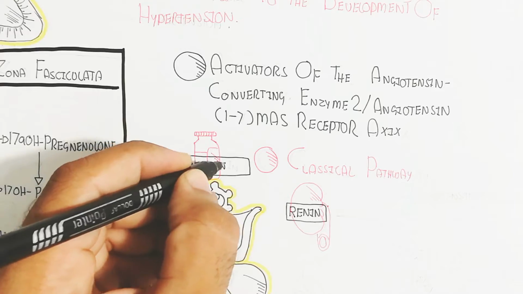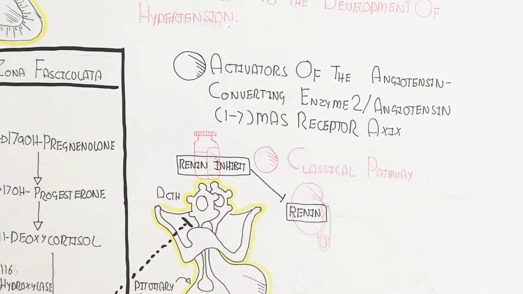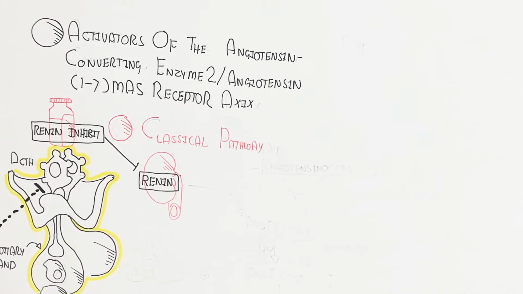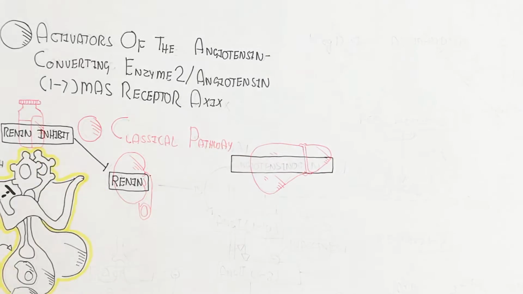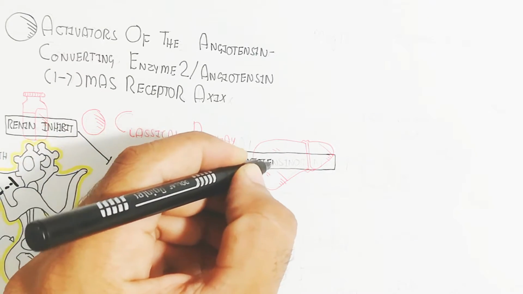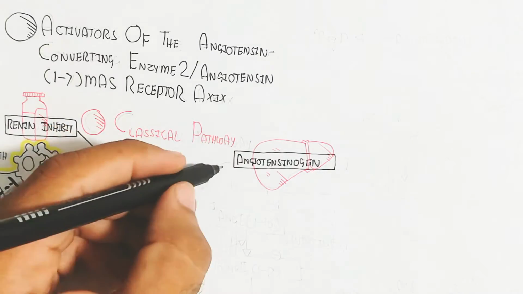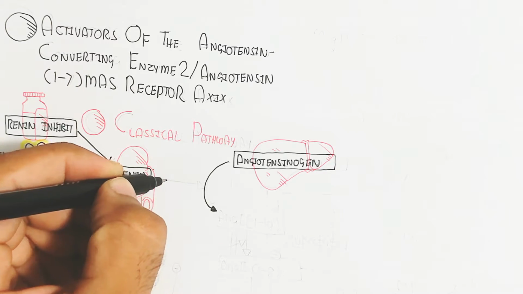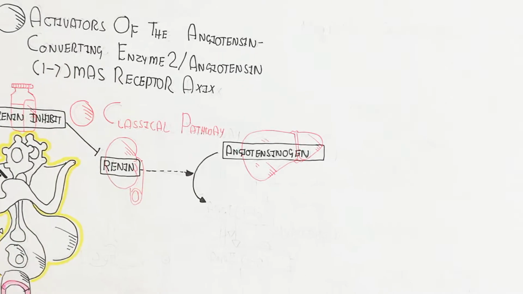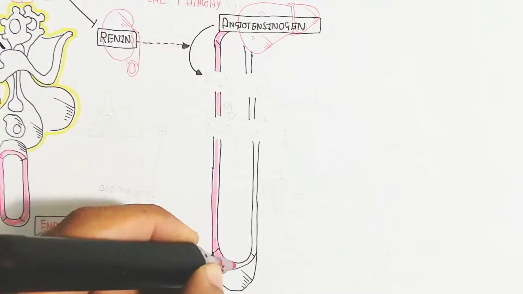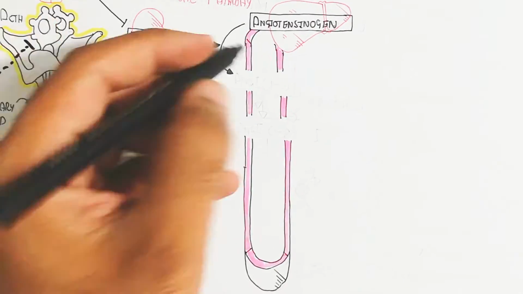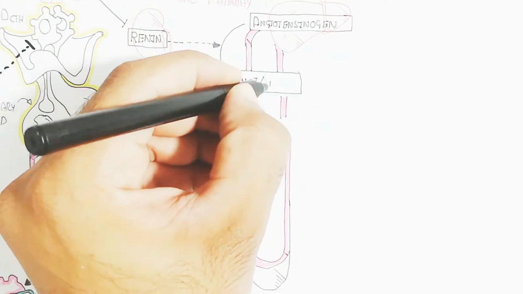This is the renin inhibitor, which inhibits renin from the kidney, and here you can see angiotensinogen.